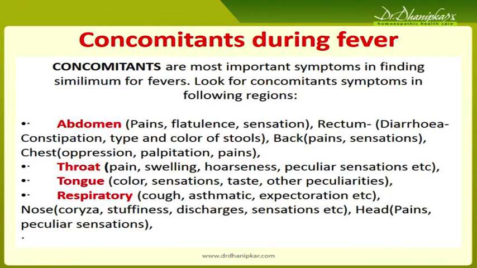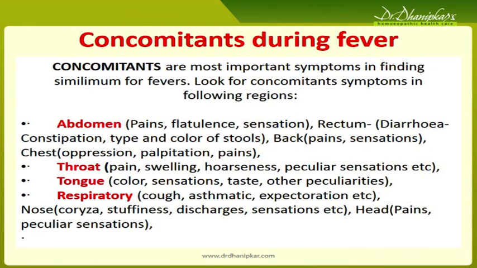It can be a pain, a sensation, a diarrhea, a color of the stool, a palpitation, a chest symptom which is associated with a stomach symptom during that time, a throat pain, a hoarseness of voice, a color of the tongue, a cough during fever.